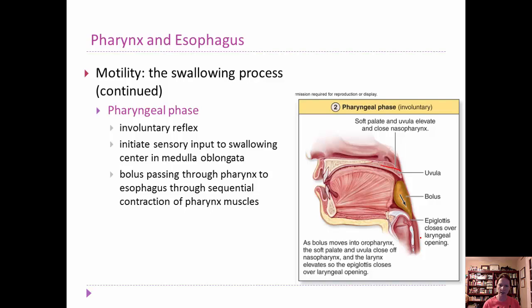If you take a look, this is showing you why right here. You have that epiglottis that completely closes off the larynx, so you can't have air pass at all. So remember, that is the importance of the skeletal muscle, because we're about to move it into the esophagus, and now we need it to move through very quickly at that very beginning part.